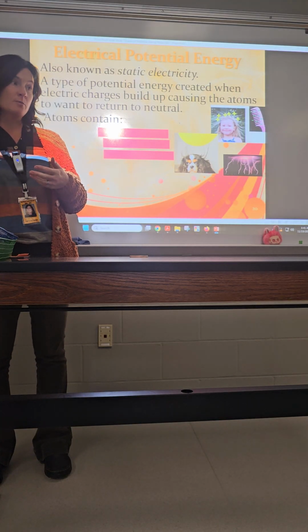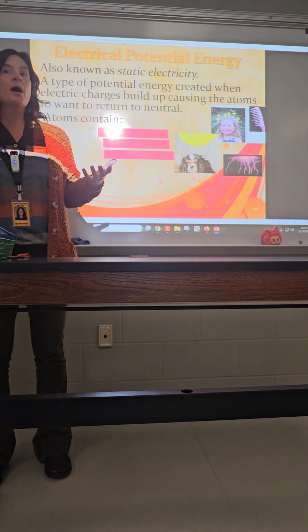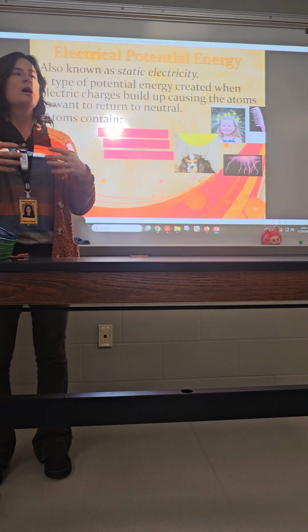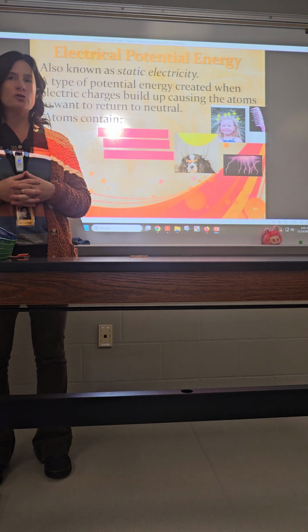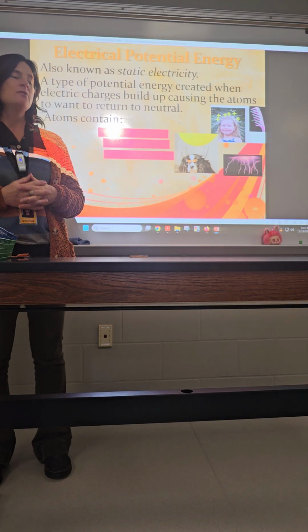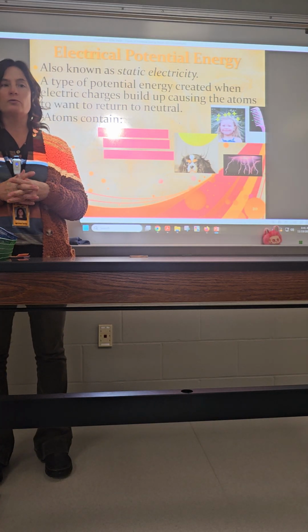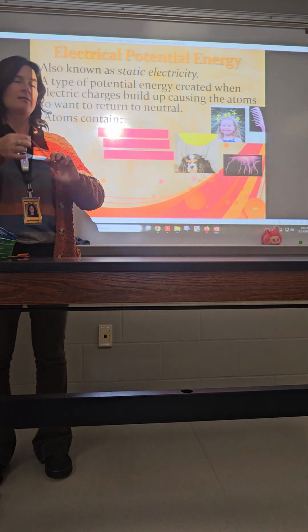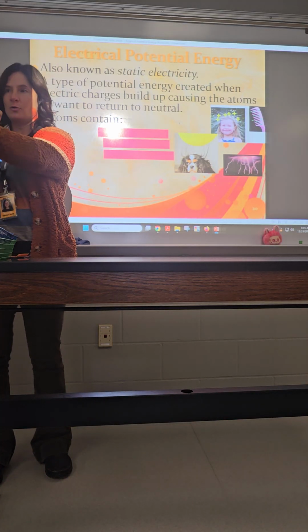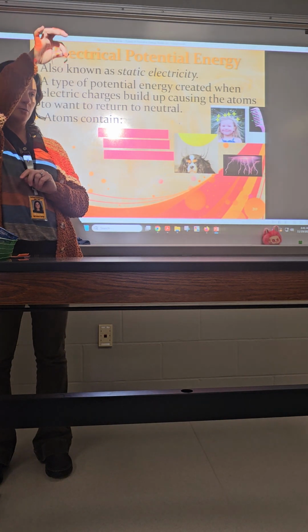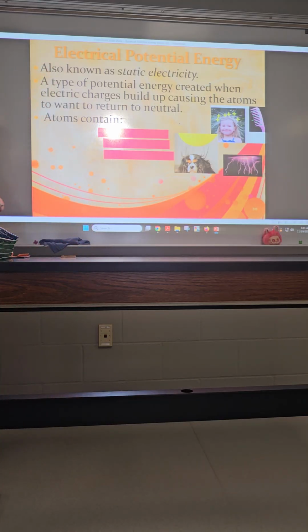But it could also be the removing of electrons. So you're building up a positive charge. And so the farther away from neutral, which is like even, that you get that number, the more it wants to go back to normal. Just like the rubber band, right? The farther away from normal, the more it wants to get back to normal, right? And that's going to be the key here too.